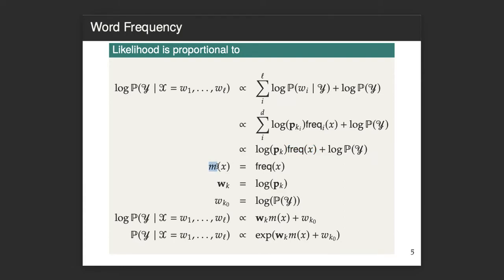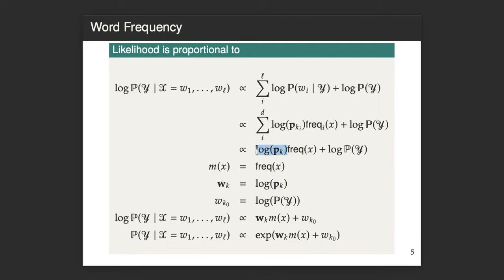We're going to call it the function m. M is a function that receives a text and returns a vector. In the case that we are using the Bayes theorem, with the inputs distributed as categorical, then m is the frequency.